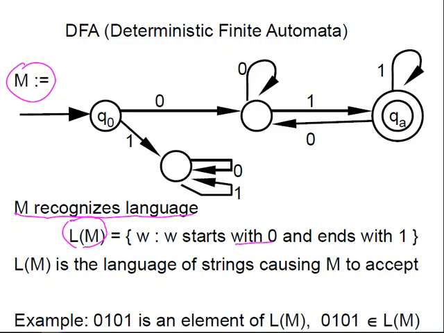If you end with a 0, you will be in this state here, but if you end with a 1, you will end up in this accept state. To make clear this notation, we can say that 0, 1, 0, 1 is an element of L of M. It's a string which belongs, this is the symbol for belongs, to the set L of M.